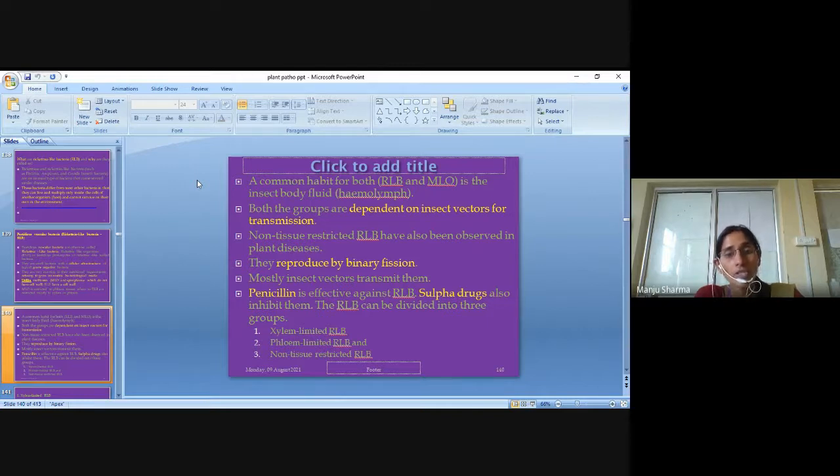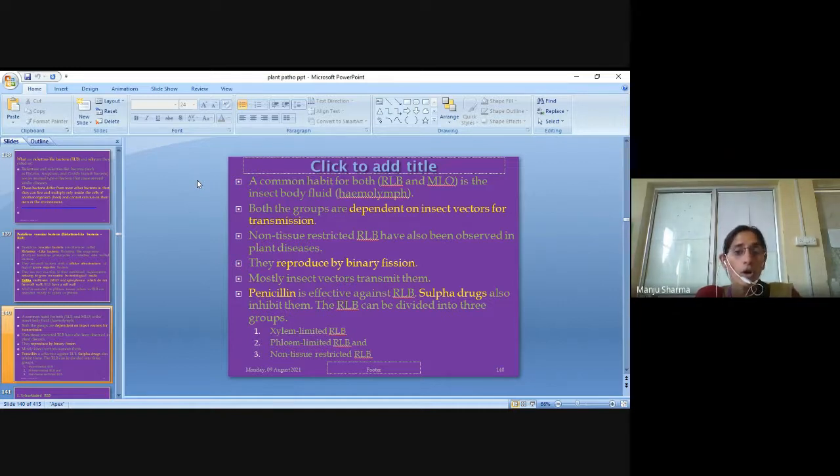Non-tissue-restricted RLB have also been observed in plant diseases. They reproduce by binary fission. Mostly insect vectors transmit them. Penicillin is effective against RLB.